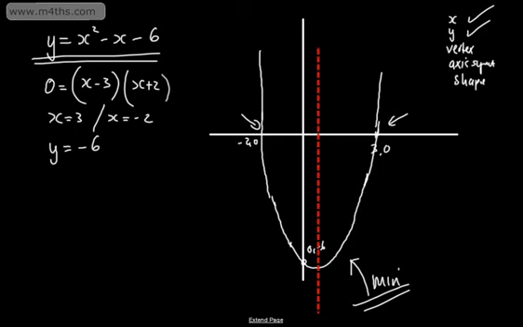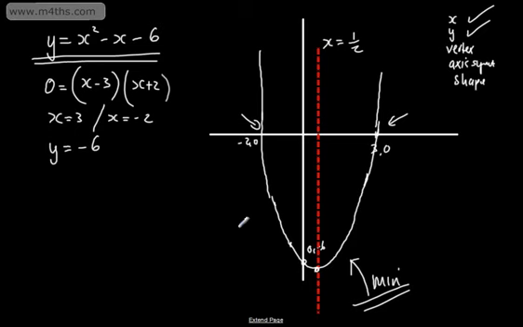So what we can say then is that the axis of symmetry is where x is equal to 1/2. That's the equation of the axis of symmetry. We've got a minimum point just here. In completed square form, the minimum point is so much easier to see, and that's what we're going to do.